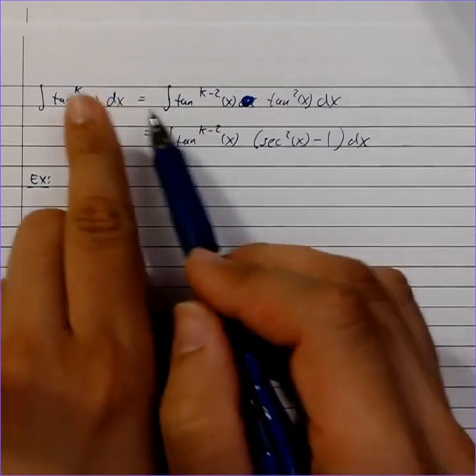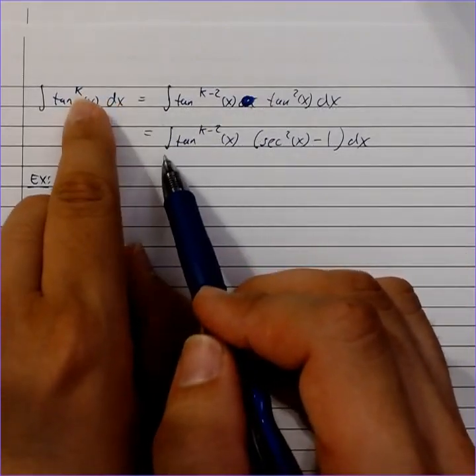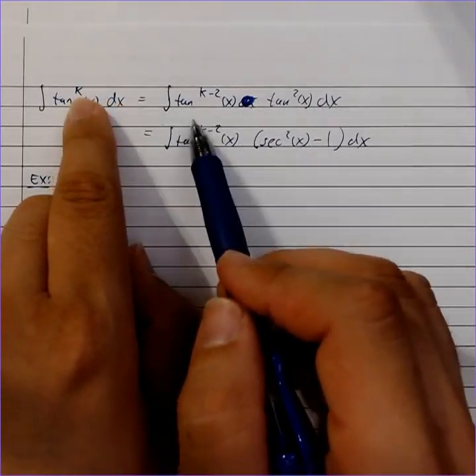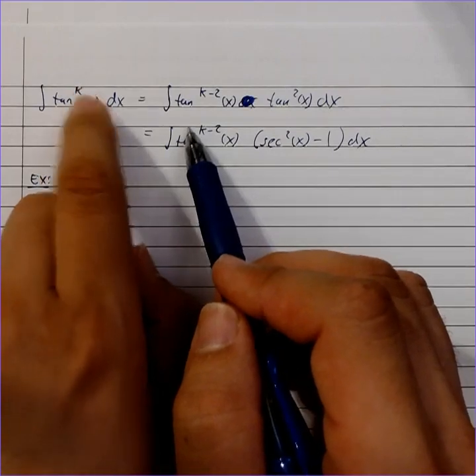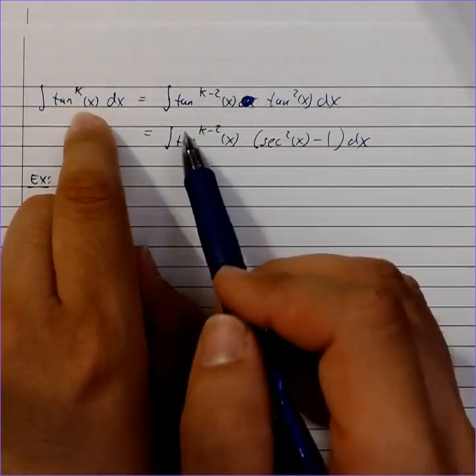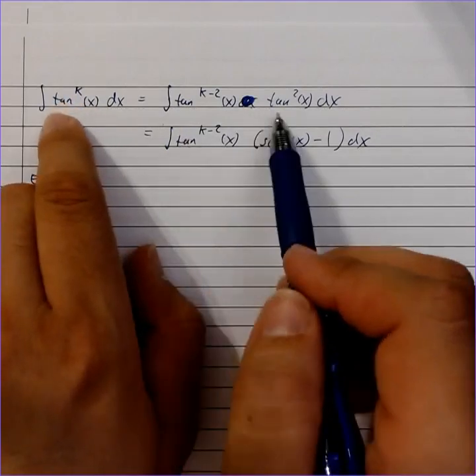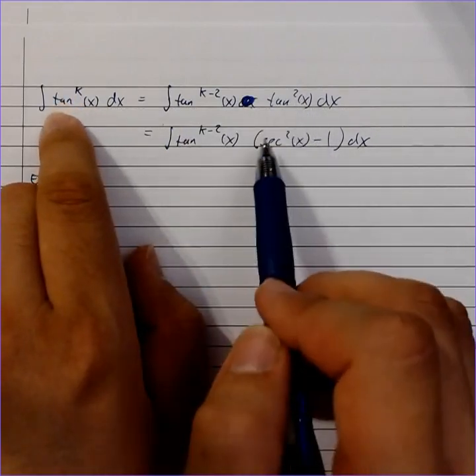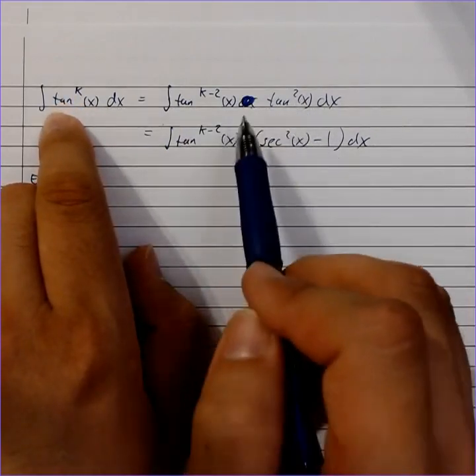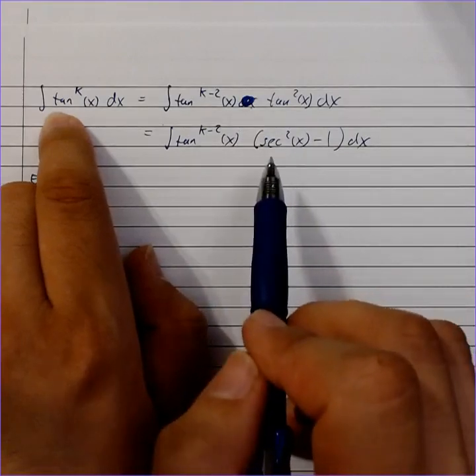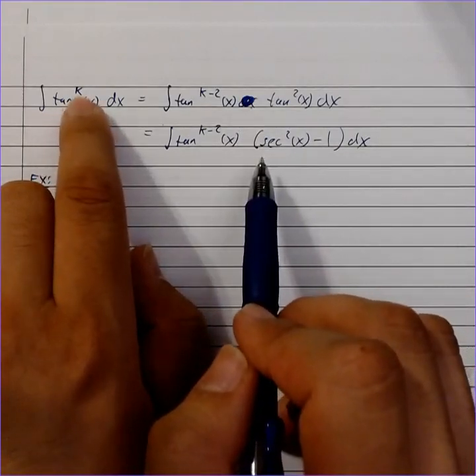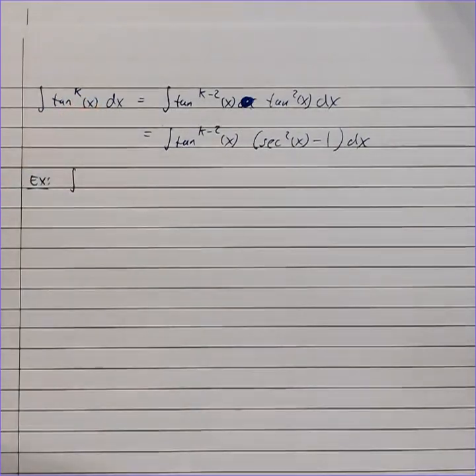So this really can be any power, but if it's power 0, that's boring because that's the integral of 1. Power 1, that's the integral of tangent, which you know how to do. And if it's power 2, tangent squared of x, you can write as secant squared of x minus 1, and you know how to integrate that. So really this can be anything, but usually we mean for it to start at power 3 or higher.